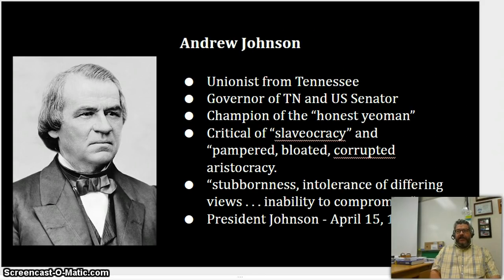He had served in the U.S. Senate, and he had championed himself. He had put himself forward during his career in politics as a champion of the little guy, of the worker, of the small farmer, the honest yeoman, as he said. And he fought the power of the rich of the South, those that he called the slaveocracy.